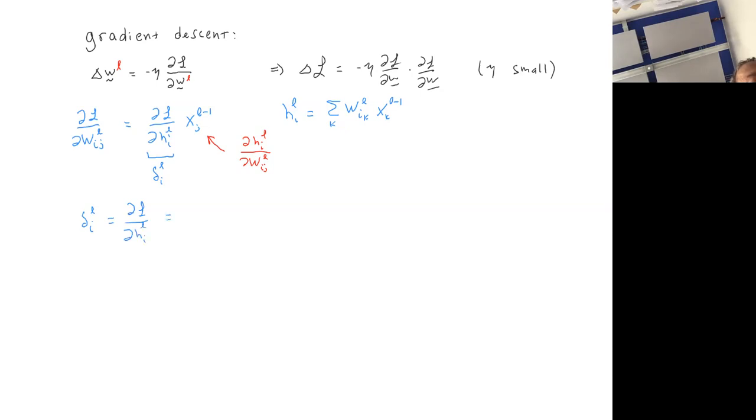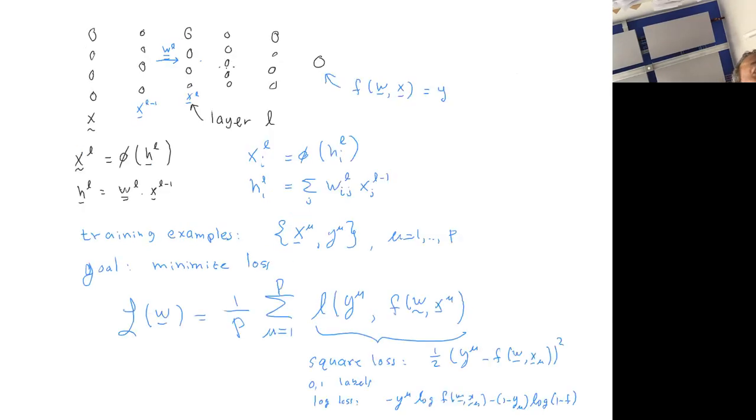And we're going to write this as a sum over j of the partial of L with respect to h_j^(L+1) times the partial of h_j^(L+1) with respect to h_i^L. The idea is that we want to compute the error in this layer. The error in this layer is related to the error in the next layer, which should be closer to the final error.